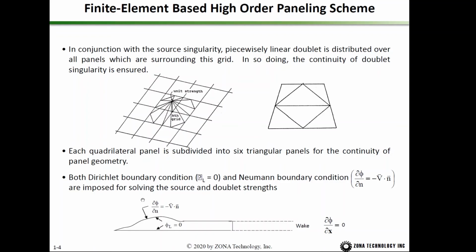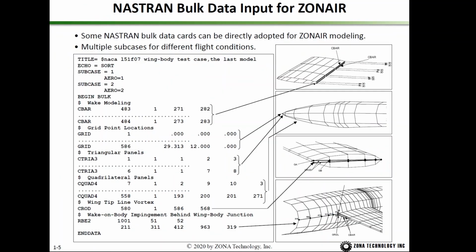Then it imposes both the Neumann boundary condition and the Dirichlet boundary condition, and also the Kutta condition, to solve for the unknown doublet strength and source strength, from which it can calculate the aerodynamic pressure distribution.